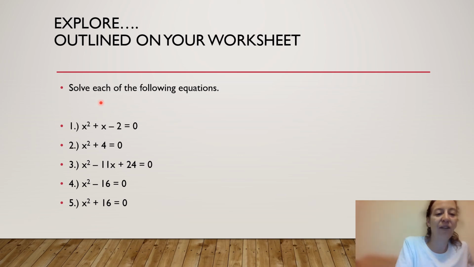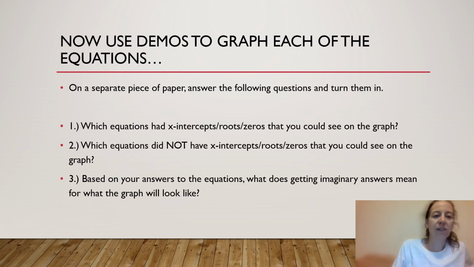If you have an x in it, you have to solve it by factoring. If you don't have an x, you just have the x squared, then you have the option of using the square root. Now, if it's the difference of squares, which number 4 is, then you would have the option of factoring it also. So you're going to solve each of those 5 equations, and then you will do this.